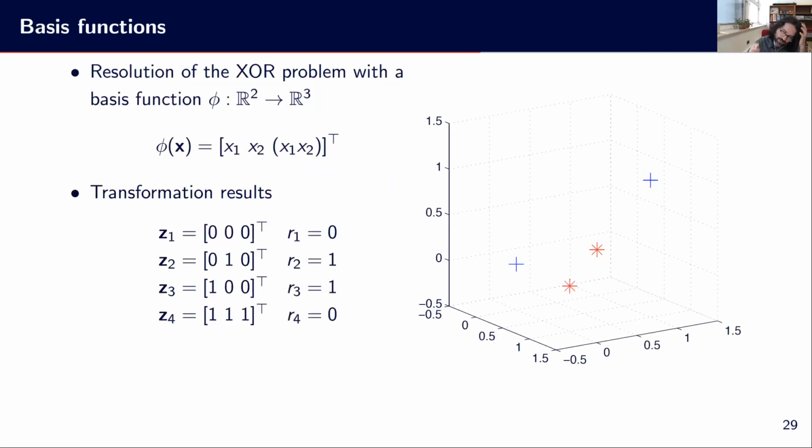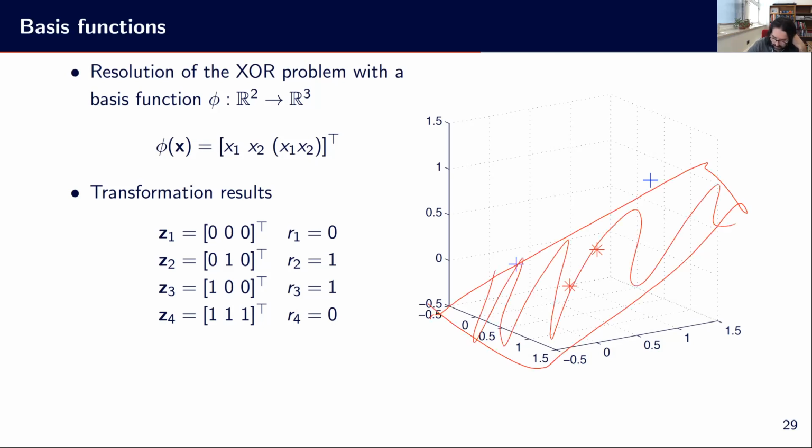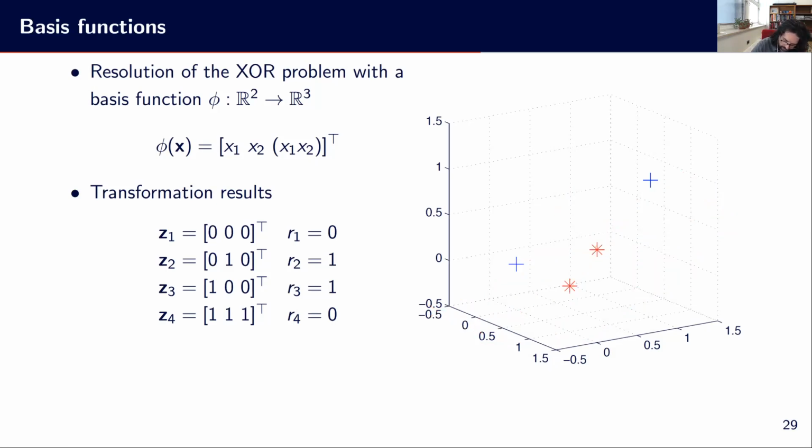We can see that it is linearly separable, and we could get some kind of hyperplane going in between the blue crosses and the red stars. We are able to split: the top is for the blue crosses, and below is for the red stars. So the data is linearly separable in the new space.